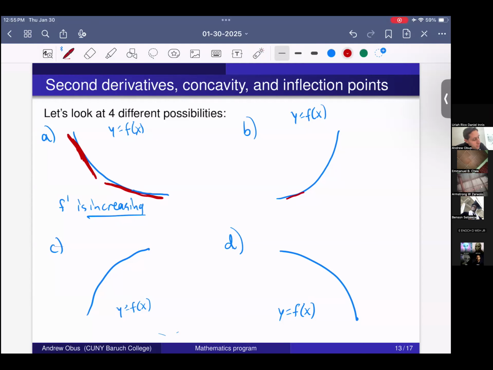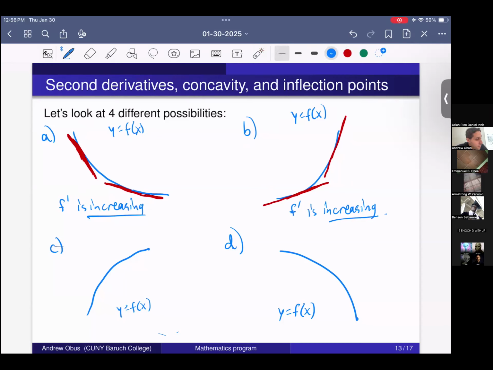Similar here, we start with a very shallow positive slope, and then we move on to a steeper positive slope. So we're going from a small slope of the tangent line to a big slope. That means that f prime is increasing. Goes from a shallow slope to a steep slope. So f prime is increasing on both of these.